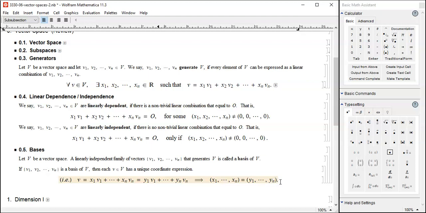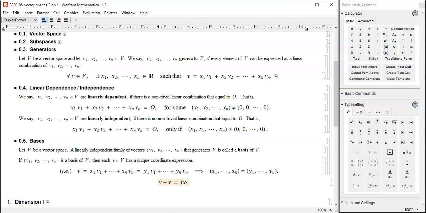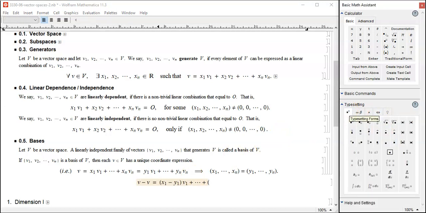And for the proof, all you have to do is subtract one from the other. If I subtract one from the other, v minus v is equal to (x1 minus y1) v1 plus dot dot dot (xn minus yn) vn, and that's equal to the 0 vector, right?